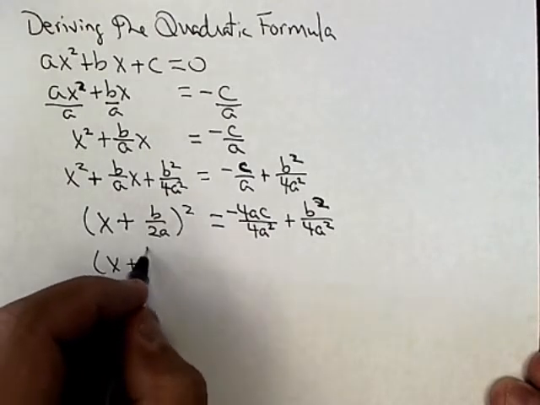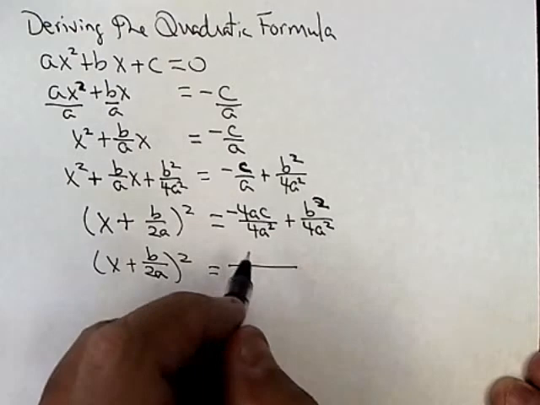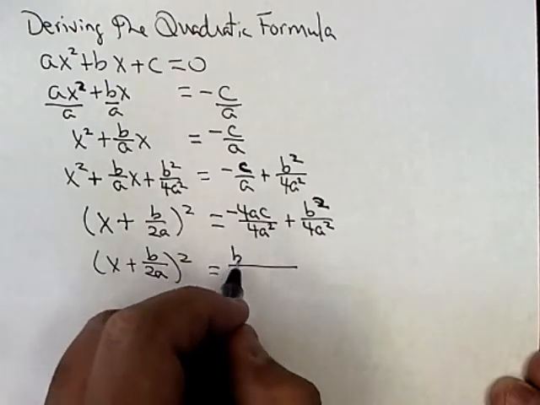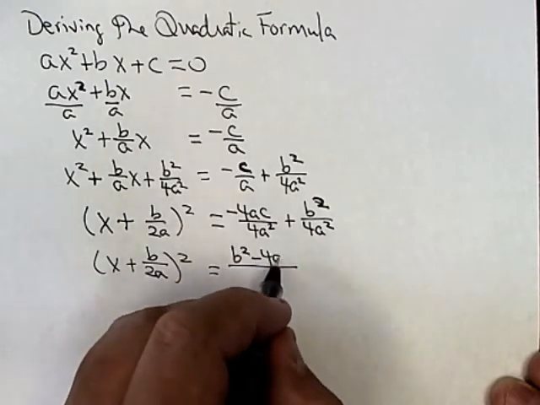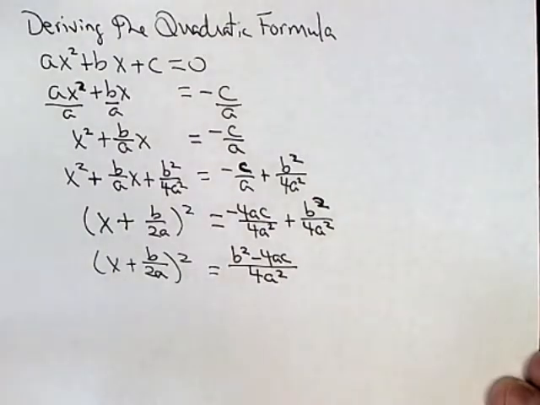And so what I end up with on the right is, and I'm going to write the positive term first just because it looks better, b squared minus 4ac over 4a squared. Now if I'm skipping too many steps, or if you want to see it in more detail, pause the video and work out the details yourself.